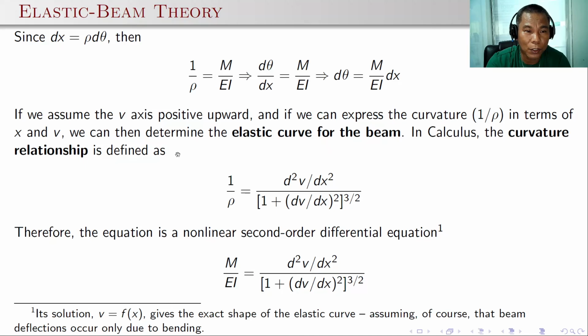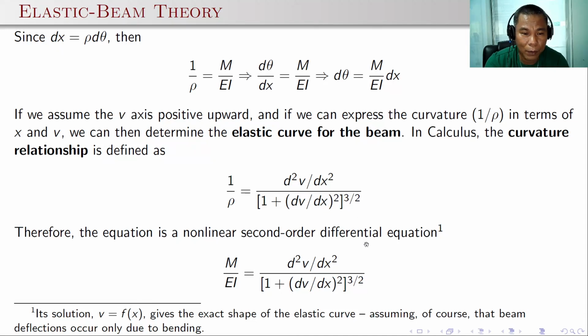Also, if we assume that the v-axis is positive upward, and we can express the curvature 1 over rho in terms of x and v, we can now determine the elastic curve of the beam. But remember, in calculus, the curvature relationship is defined as 1 over rho, which is equal to d square v over dx square over 1 plus dv over dx square to the power 3 over 2.